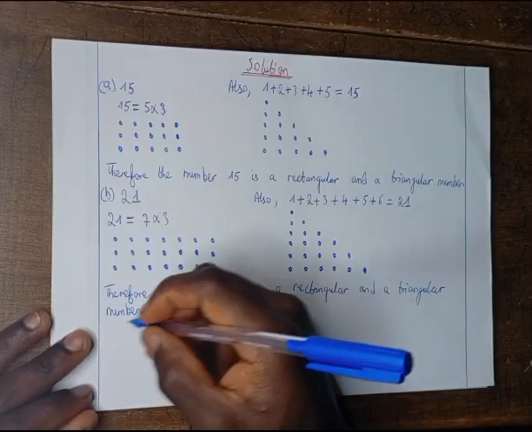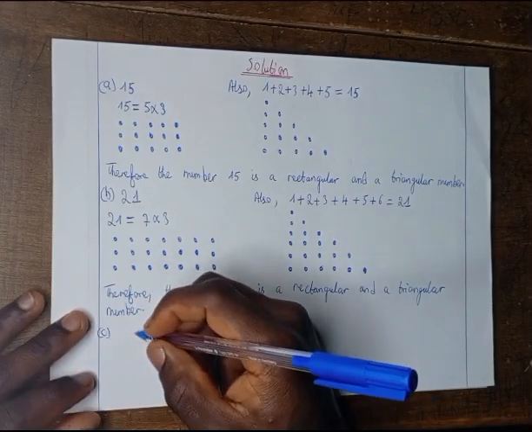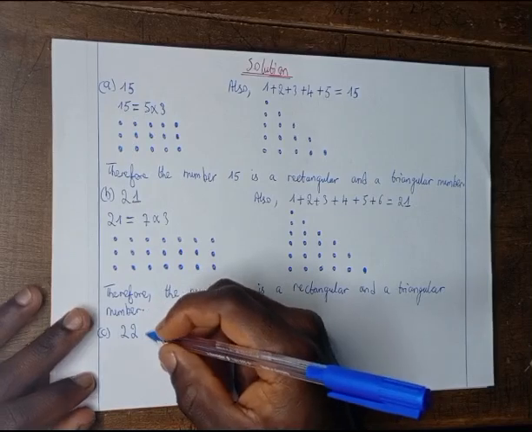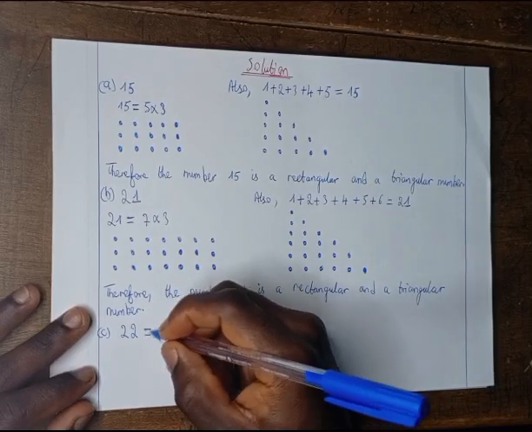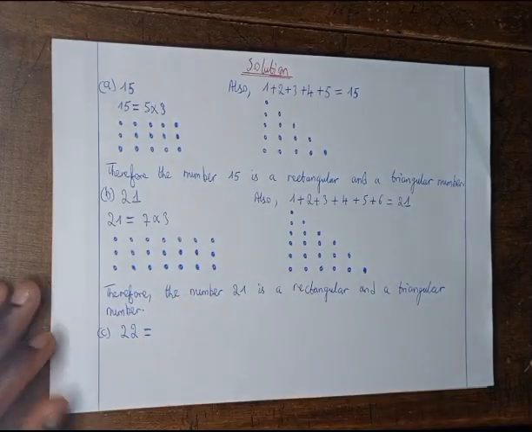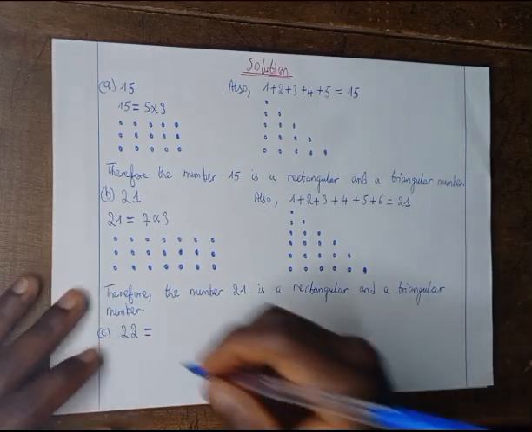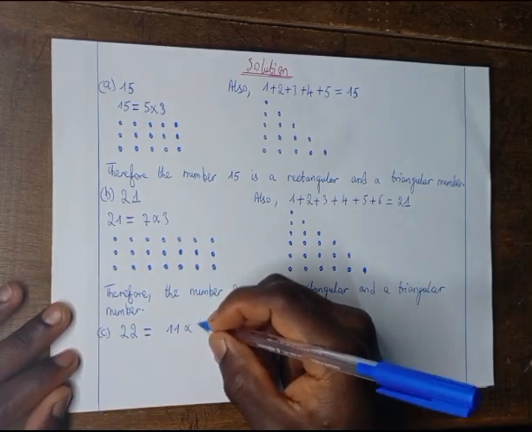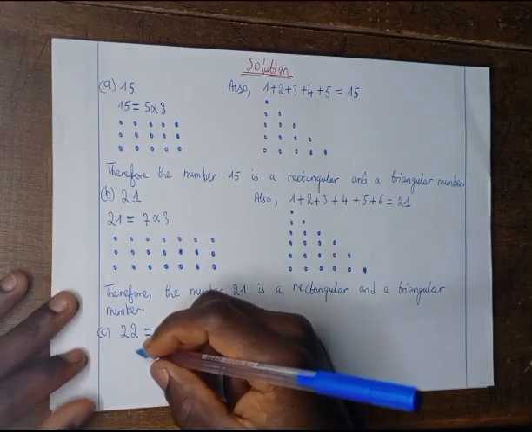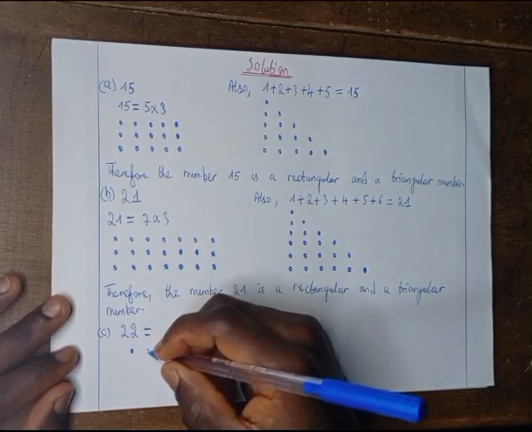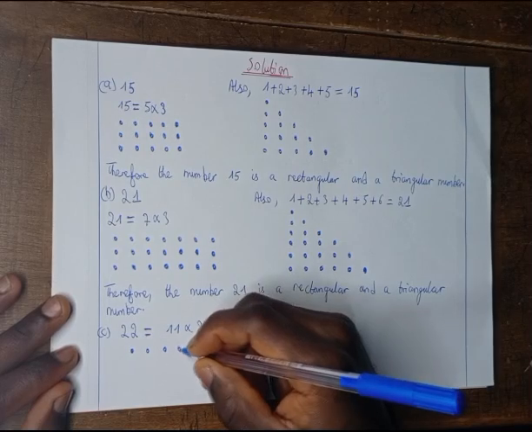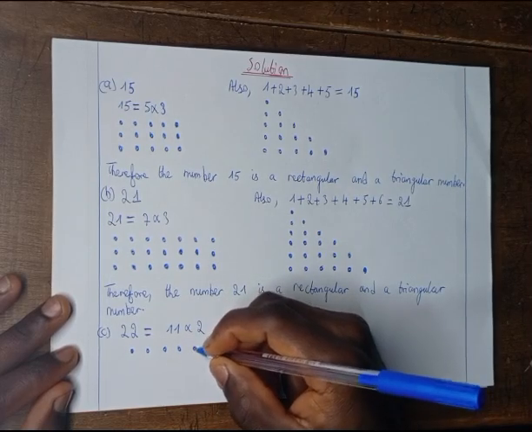We go now to C. For C, we have the number 22. We can express 22 as a product of two different numbers. We can express 22 as 11 times 2. The dot pattern will simply be as such, with 11 dots on the line.